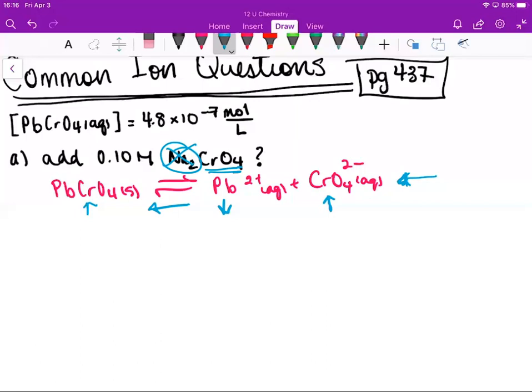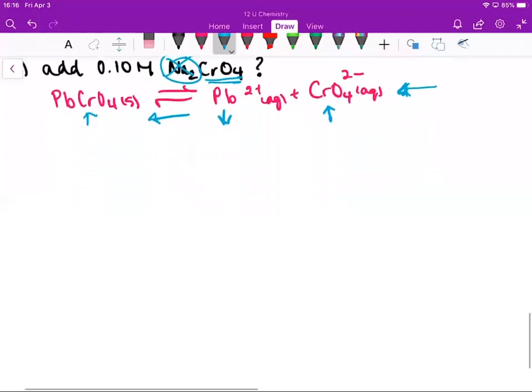But let's look at this example here. So for B, it's saying Ksp for lead II chromate is 2.3 times 10 to the minus 13. Determine the solubility of lead II chromate in a 0.10 mole per liter solution of sodium chromate. All right, so let's set up our ice table, because we are going to need an ice table.